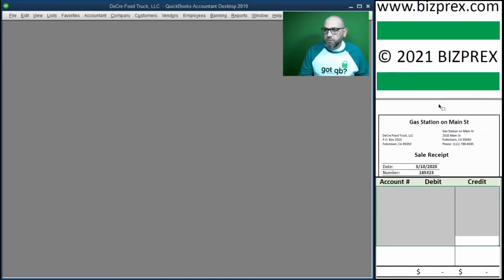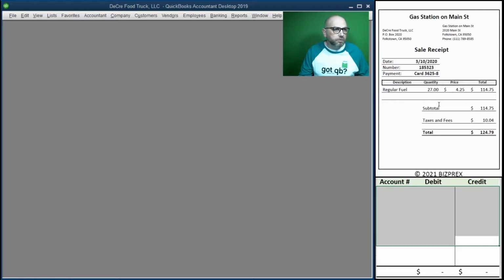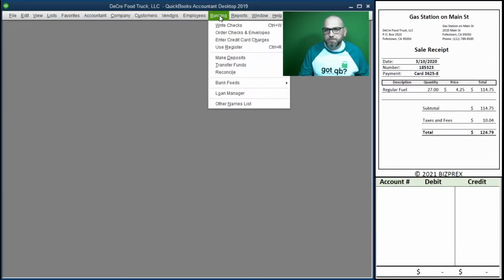And that concludes booking of the invoices for the month of March. Now we're going to go ahead and book our credit card transactions using receipts that we got. And the first one is our gas station receipts.